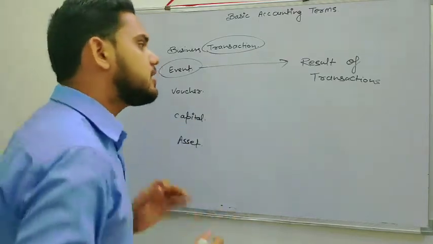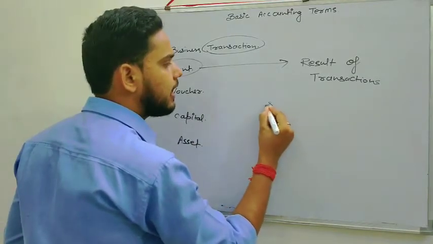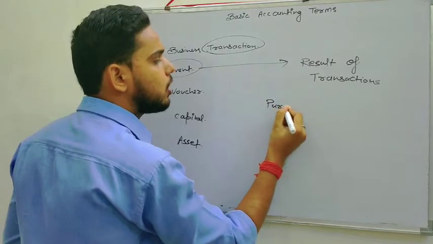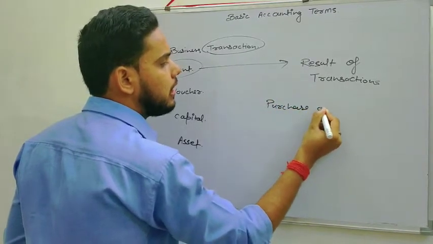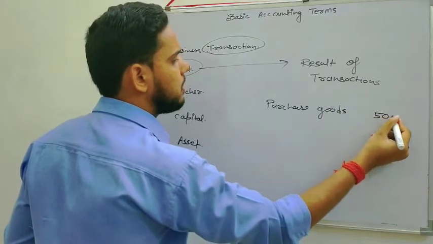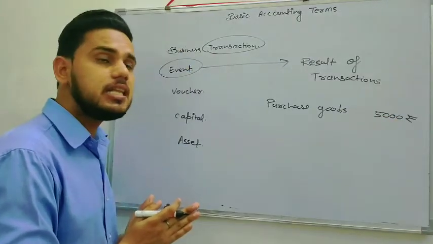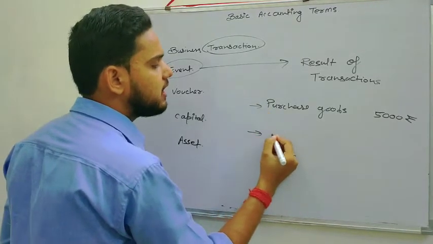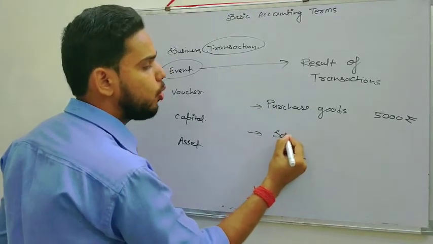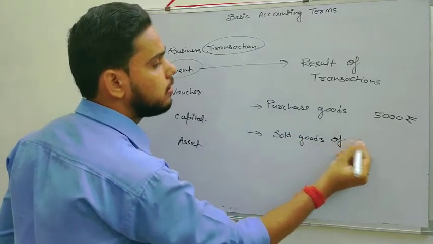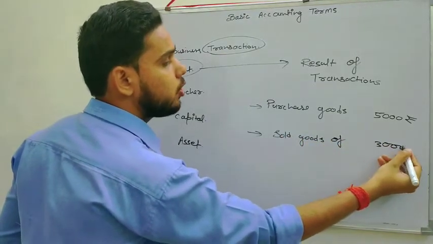How so? Let's again take the same example. We purchased goods of, let's suppose, 5,000 rupees. That is a transaction we just saw. Now let's take another transaction, which is sold goods of 3,000 rupees.